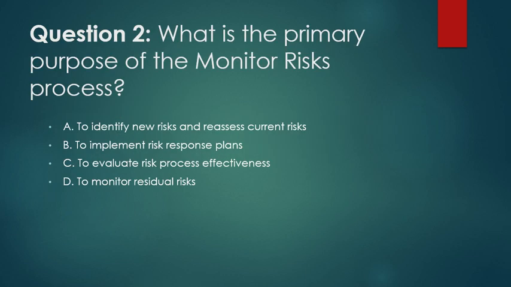Question 2. What is the primary purpose of monitor risk process? To identify new risk and reassess current risk, to implement risk response plans, to evaluate risk process effectiveness, or to monitor residual risk.